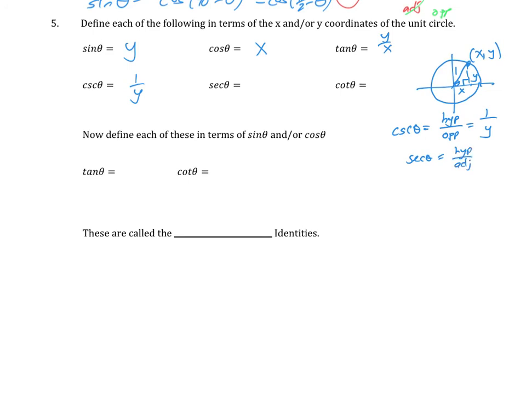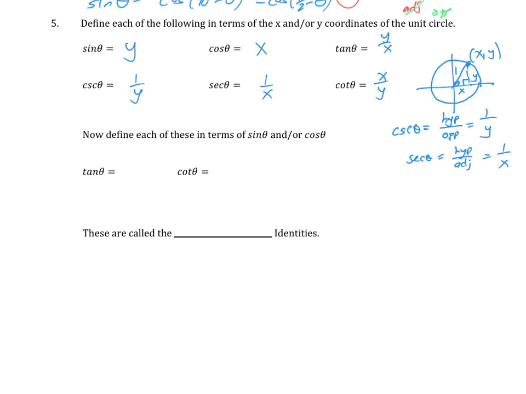It's the reciprocal of cosine. So that's going to be 1 over the adjacent side, which is x. And cotangent theta is the reciprocal of tangent, so it's x over y. Okay, so we're just using the definition of the trig ratios in terms of right triangles, so opposite over hypotenuse, etc. Okay, so once we know that, now we can write some new trig identities.